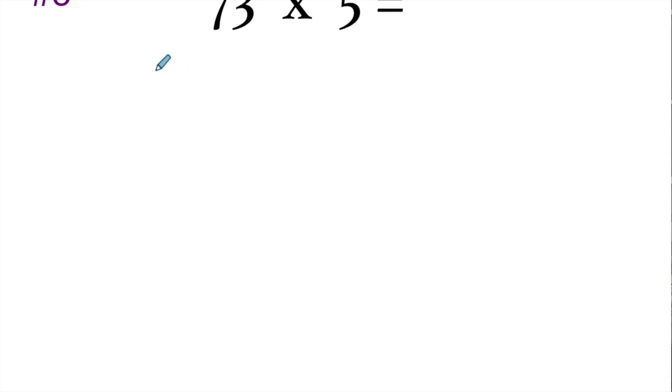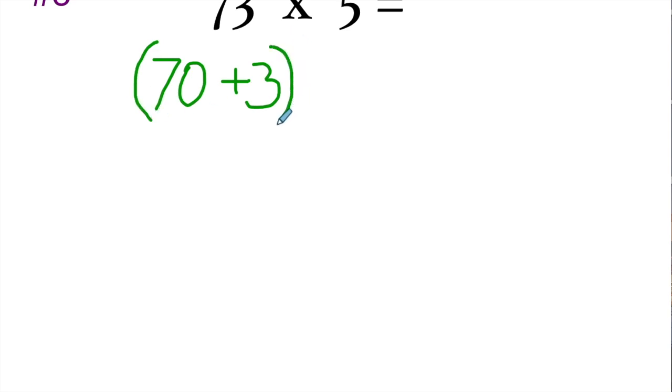So begin writing 73 in expanded form. 70 plus 3. We're going to put that in parentheses to remind ourselves that 70 plus 3 is the same thing as 73. We're still going to multiply it by the number 5.